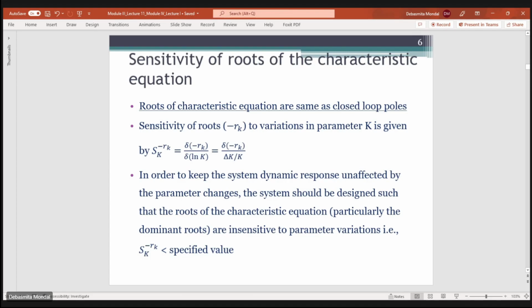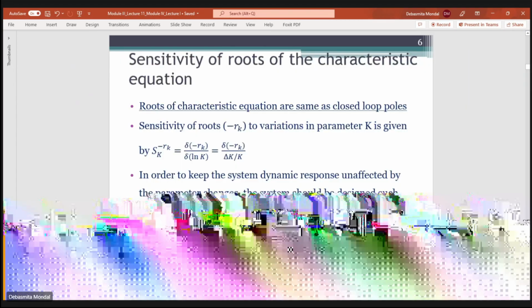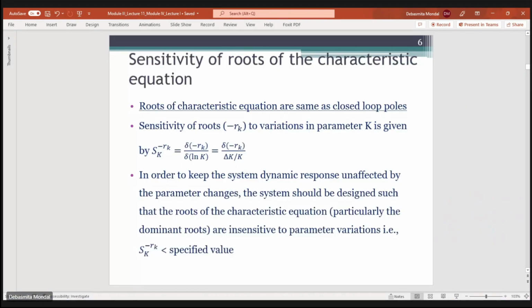If we want the response of the system to be according to a specific given value, the system should be designed such that the dominant roots of the characteristic equation are insensitive to parameter variations. That means the value of this sensitivity of the roots should be within a specified or desired value.